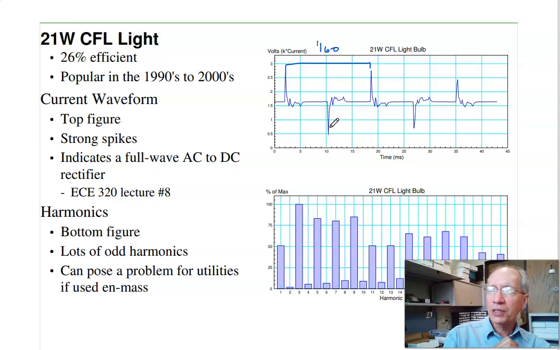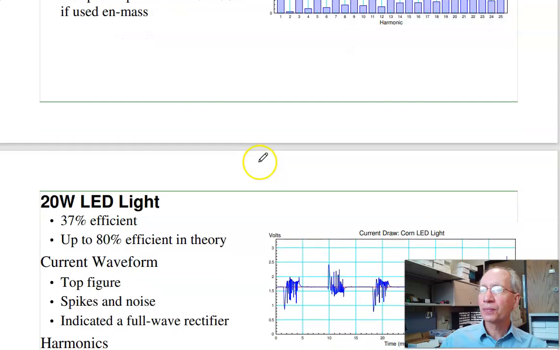That also kind of tells you I've got a problem. The power grid is not designed for spikes. It's designed for 60 Hz. But CFL light bulbs give you spikes. This can pose problems for utilities if you had a lot of people using CFL light bulbs. But again, that's the CFL 1990s to 2000s.